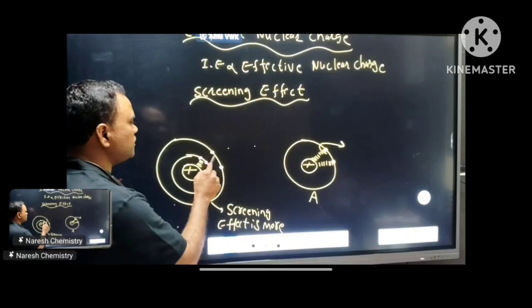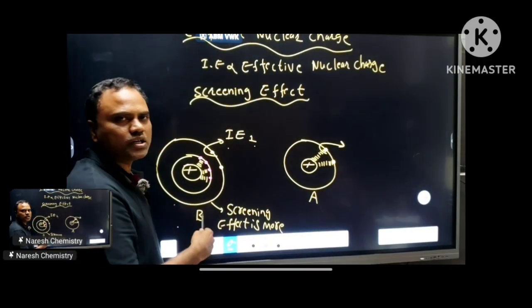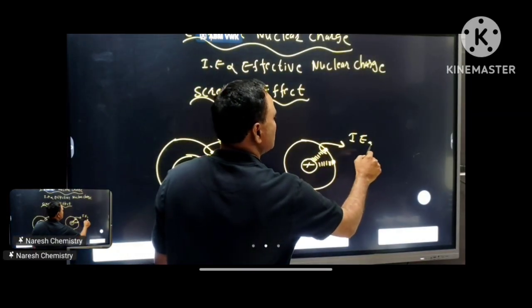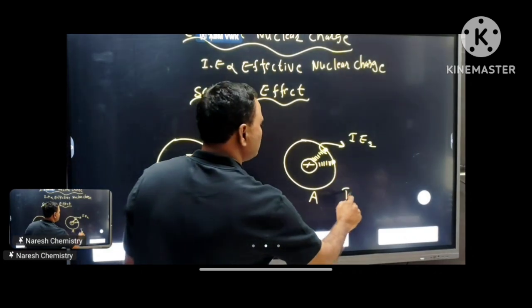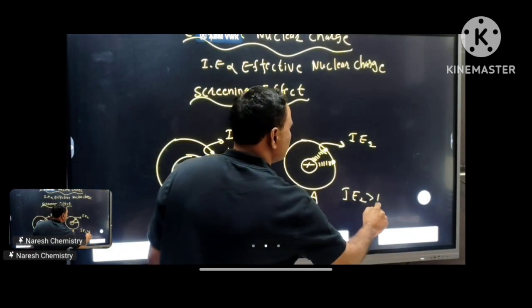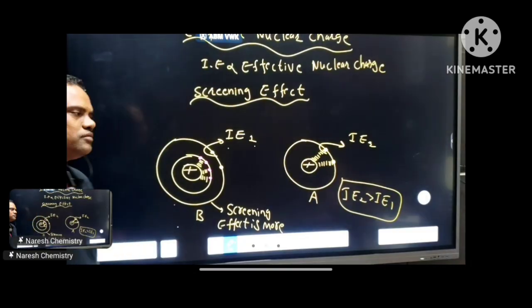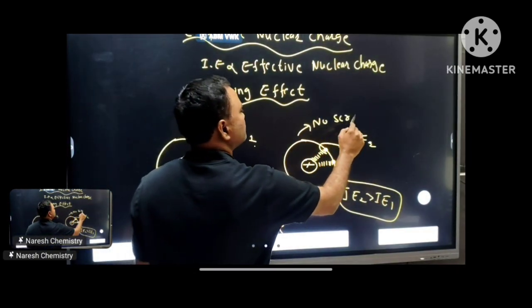If I write the energy required to remove an electron as IE1, and IE2 for the next, what is the relation here? IE2 is greater than IE1. There is no screening effect here.